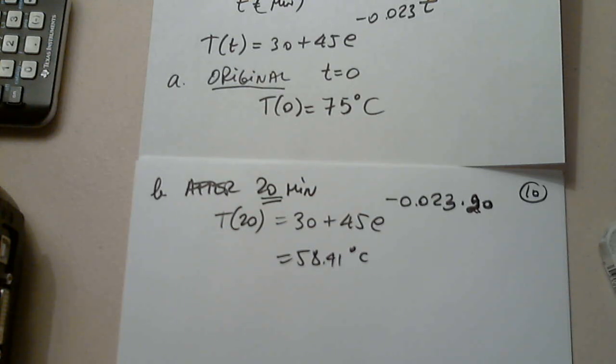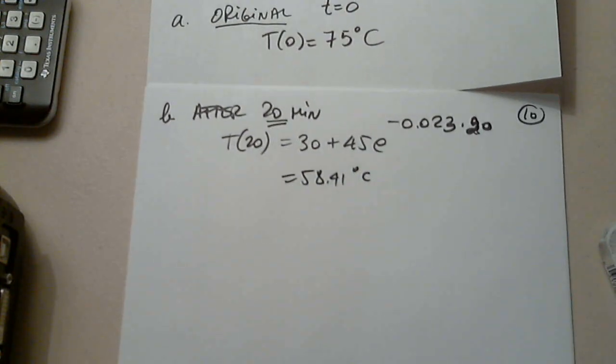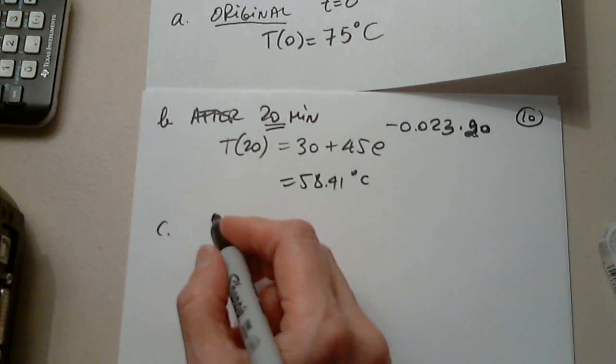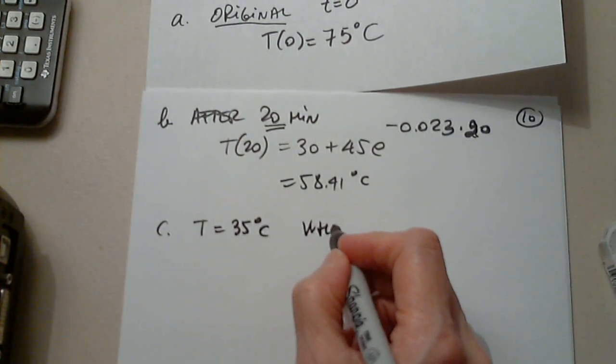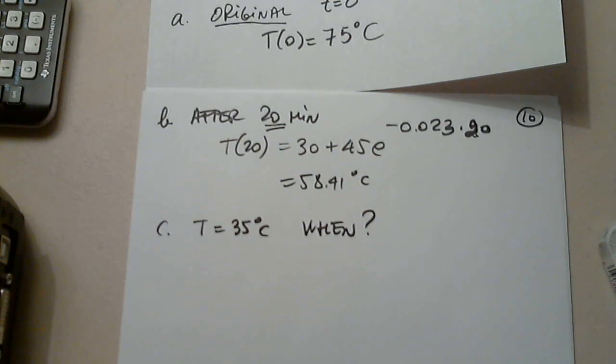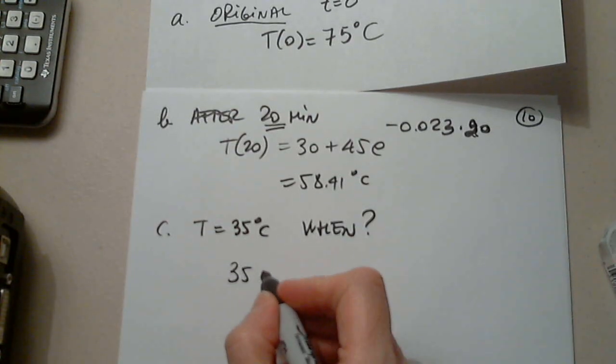When will the coffee's temperature be 35? What am I asked to do now, and how do I do it? How do I proceed? What I would do is put 35 on the left-hand side. Yes.